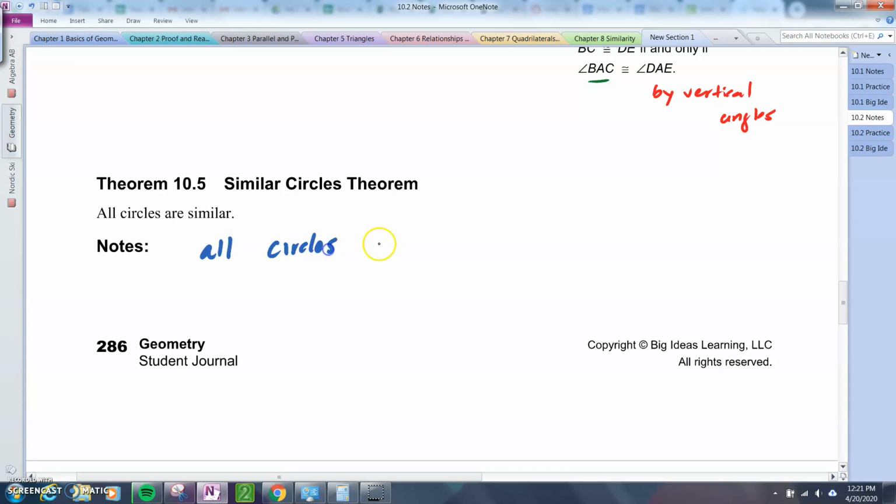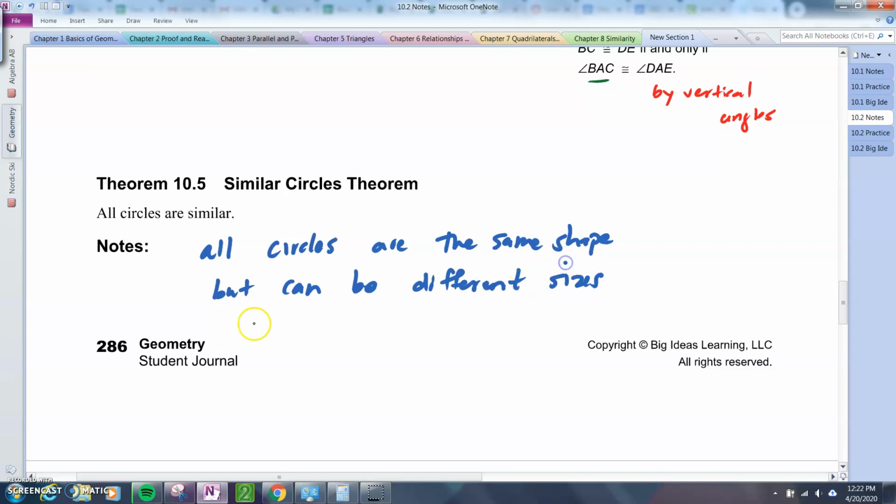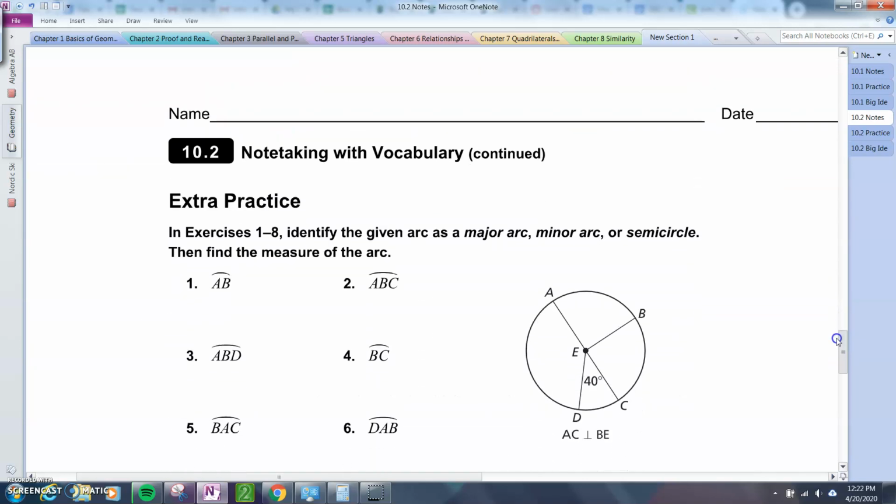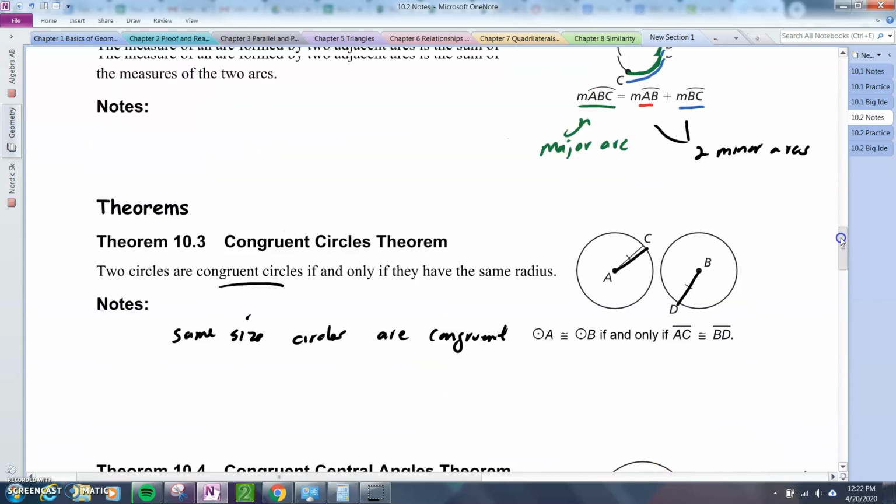All circles are the same shape, but can be different sizes. All circles are similar.